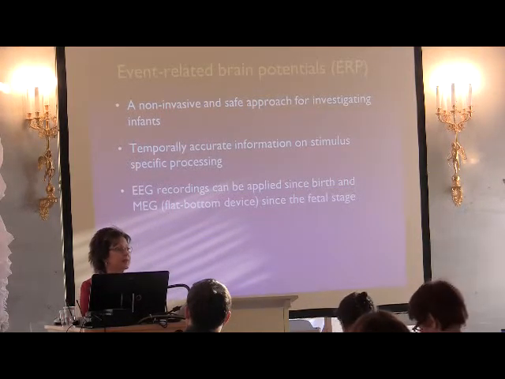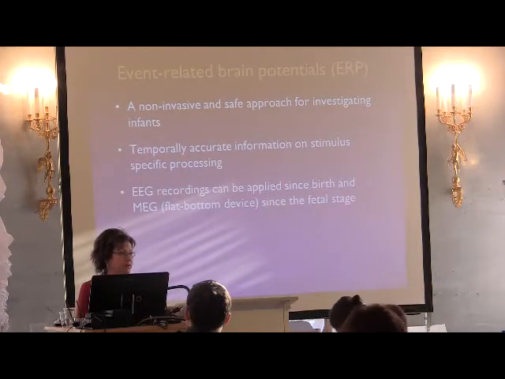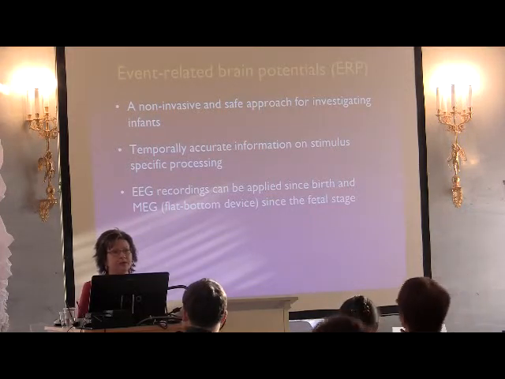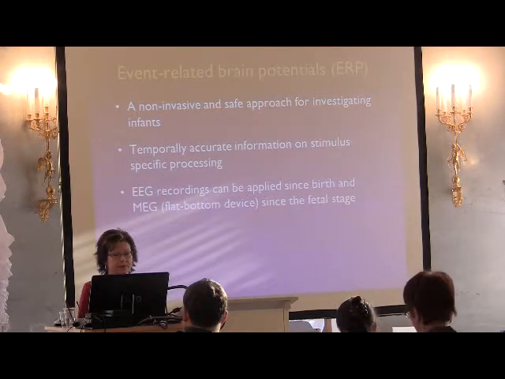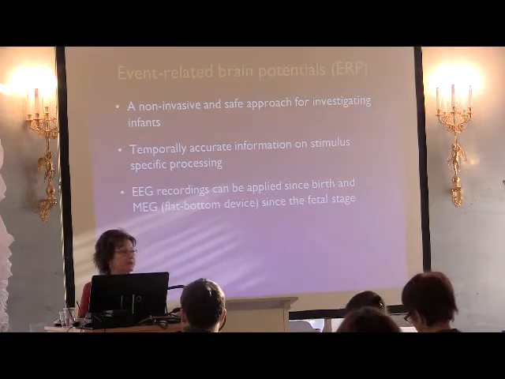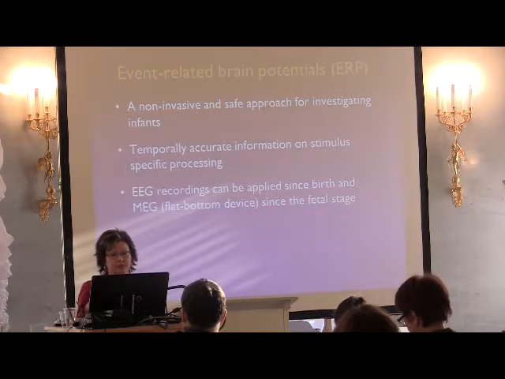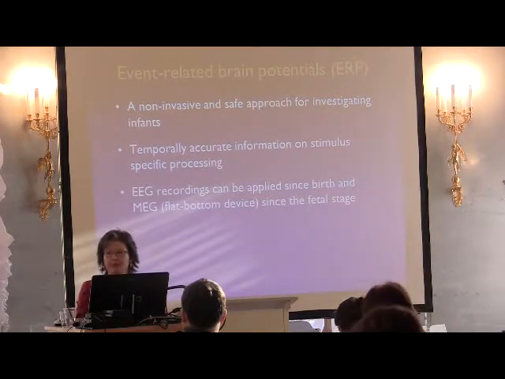And you can get temporally accurate information, which means that you can observe the neural processes with high time accuracy. And that way you can also acquire information on stimulus-specific processing. With EEG, you can study newborns, and if you want to go beyond that, you can apply MEG, for instance, a flat bottom device or a device which is designed for investigating fetuses.